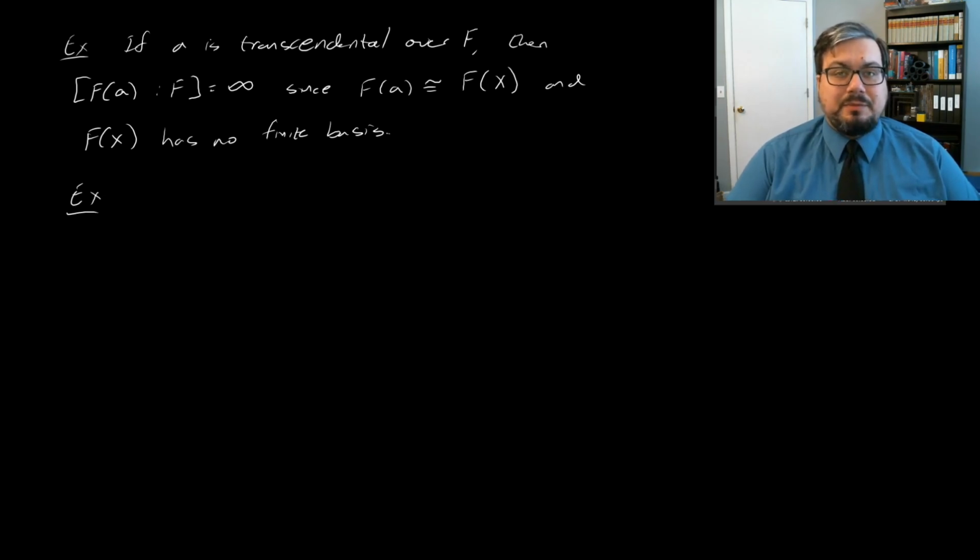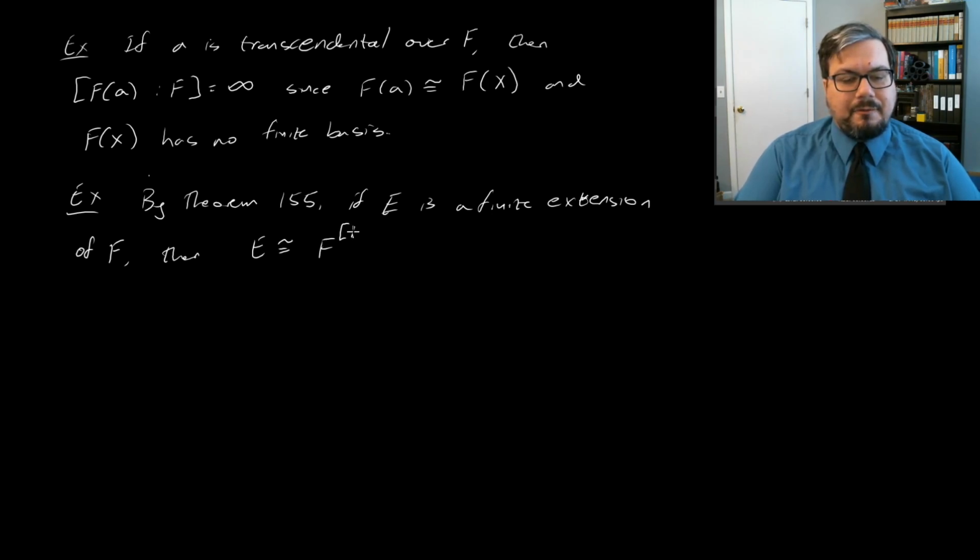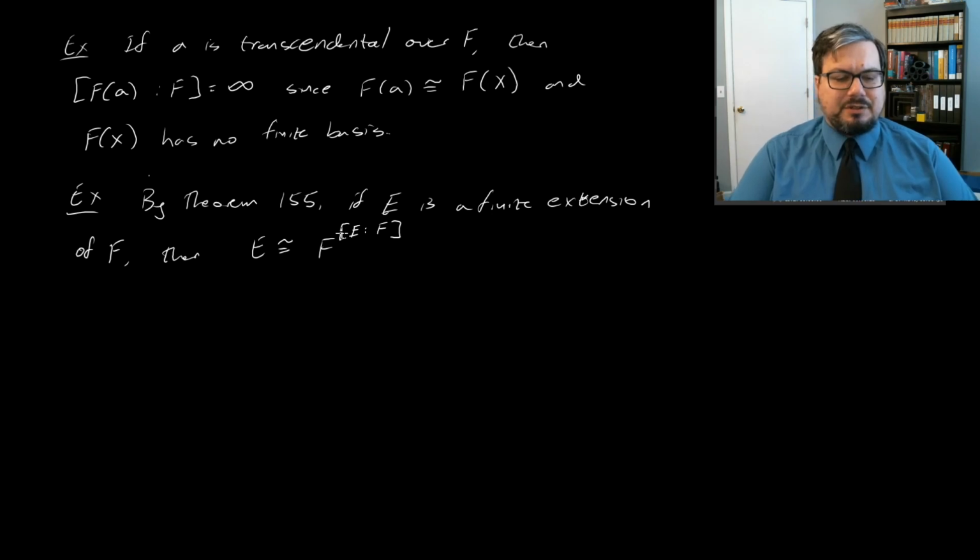For a final one that's going to be useful to us for intuitively understanding some of the later theorems, by Theorem 155, if E is a finite extension of F, then E is isomorphic to F to the [E : F], that is, F to the degree of E over F, as F vector spaces.